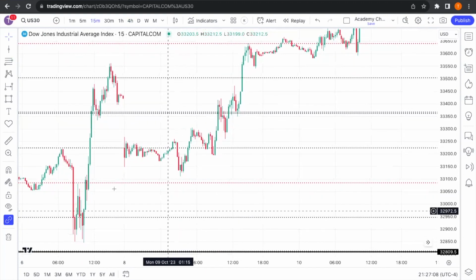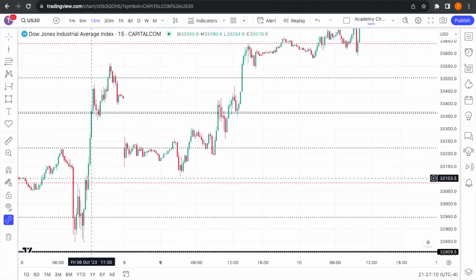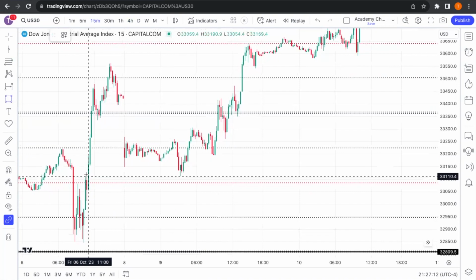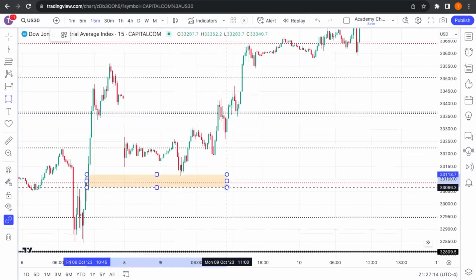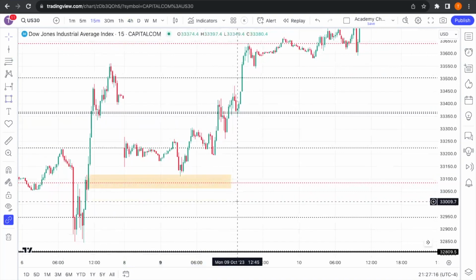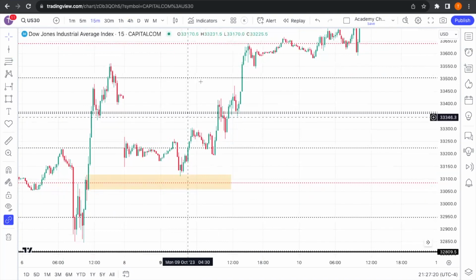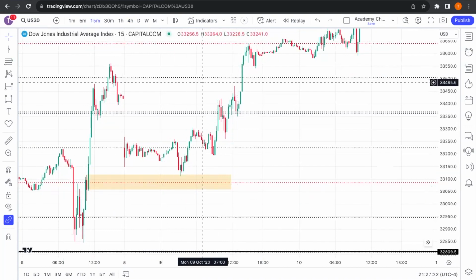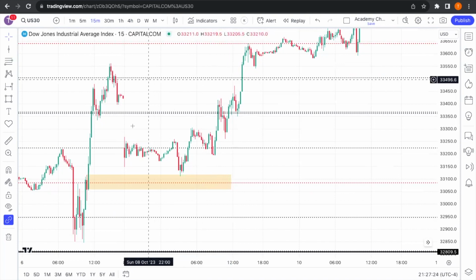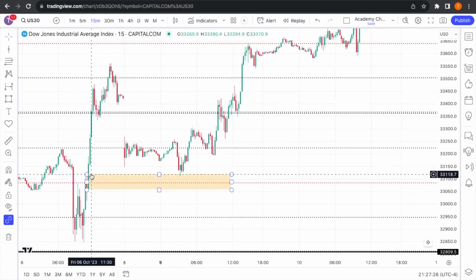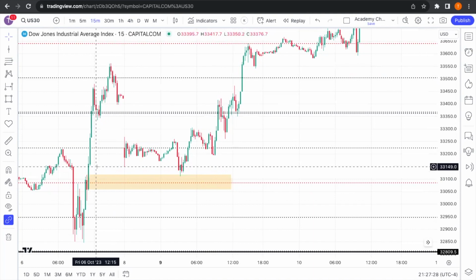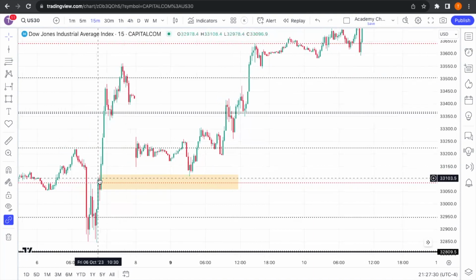Now, is this order block right here high probability? Yes. Why? Because it has a fair value thing. Where's the order block located at? 50% of that lower low.